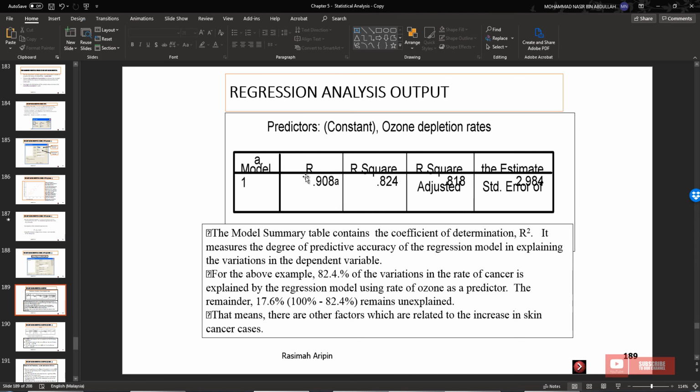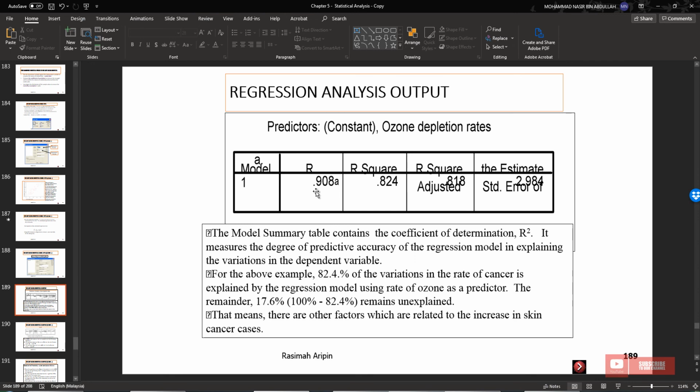You look at this one, R. Sorry, the coefficient of determination is R squared. R is the coefficient value, the relationship value.